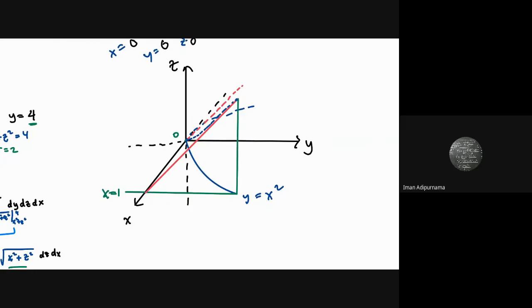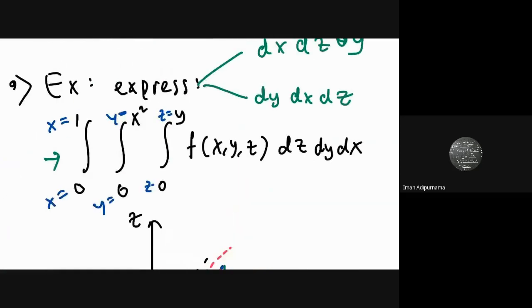Okay. So the idea is first define all the boundary, right? And then try to combine all the boundary. So for example, you have this z equal y.